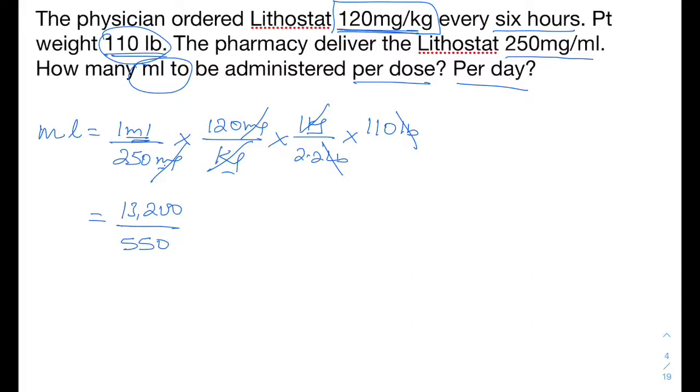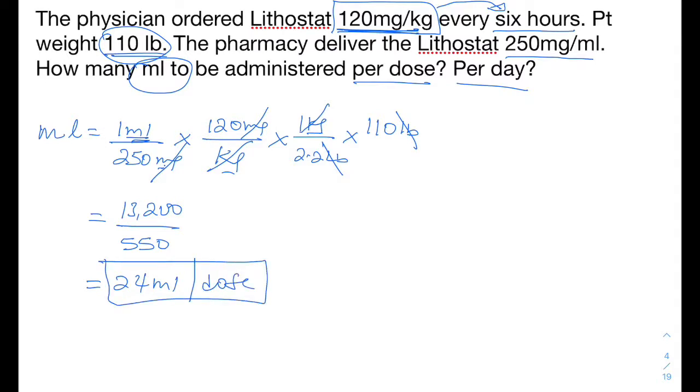To divide, the patient gets 24 milliliter per dose. Okay, this is per dose because our calculation here gives us every 6 hours. This is what we know, every 6 hours. So the answer is 24 ml per dose.